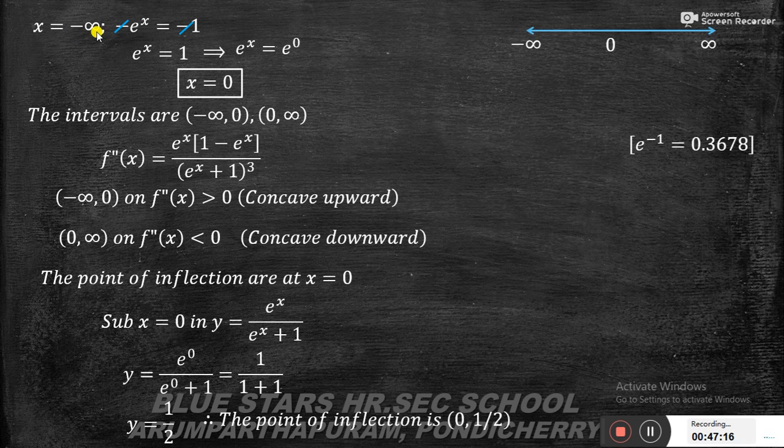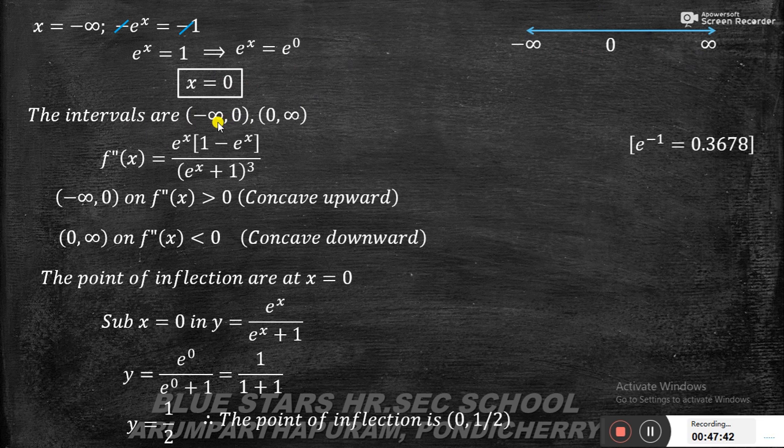Another factor, 1 minus e power x equal to 0, so minus e power x equal to minus 1, e power x equal to 1. That means e power 0, so x equal to 0. Therefore the values are minus infinity, 0, infinity on the number line.